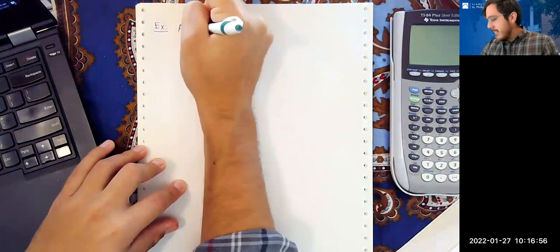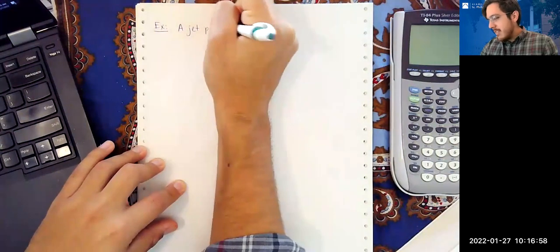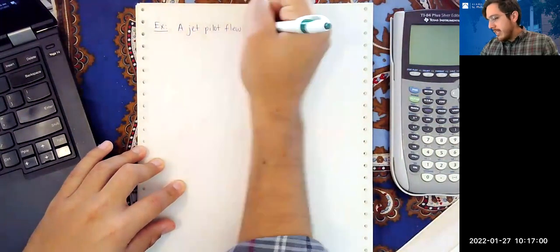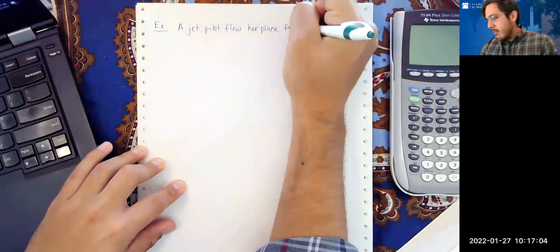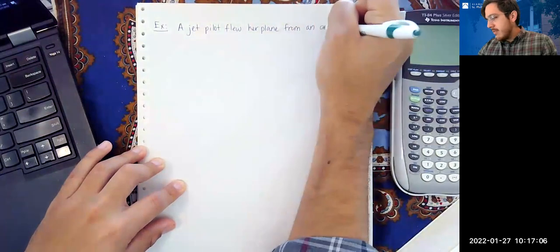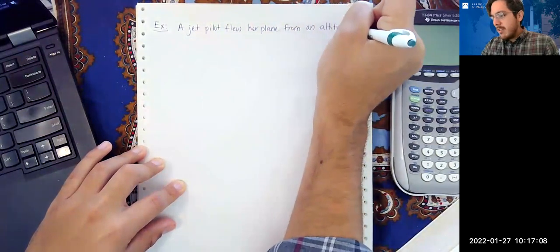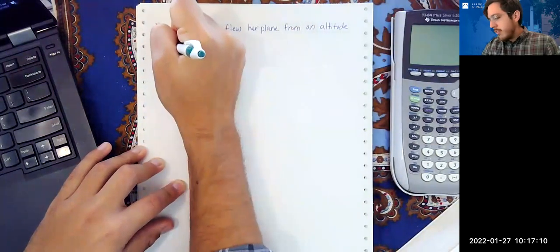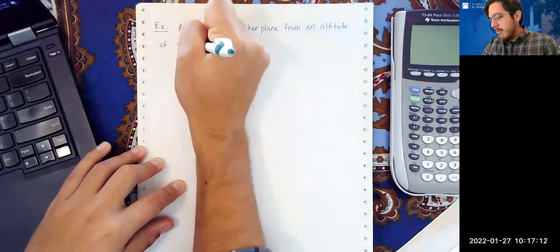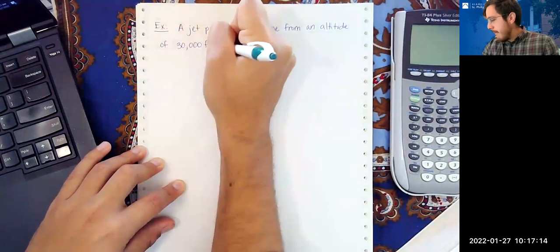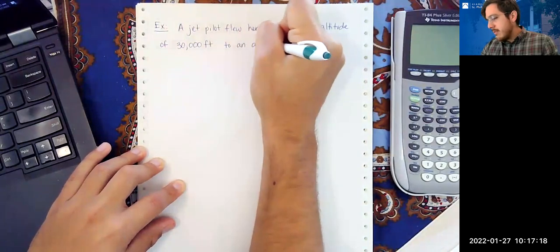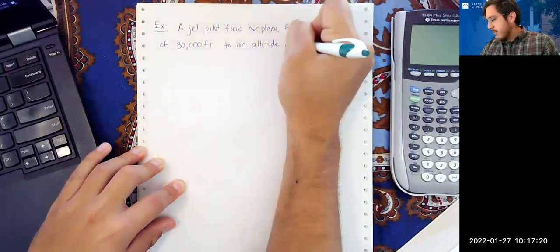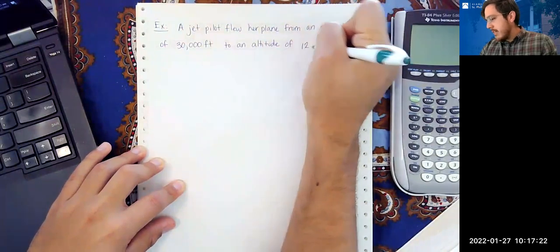A jet pilot flew her plane from an altitude of 30,000 feet to an altitude of 12,000 feet.